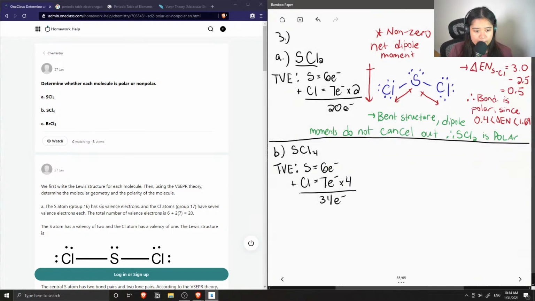So again, I'm going to write my sulfur as my central atom, and then just 4 bonds to my chlorines, and I'll draw in all of the lone pairs.